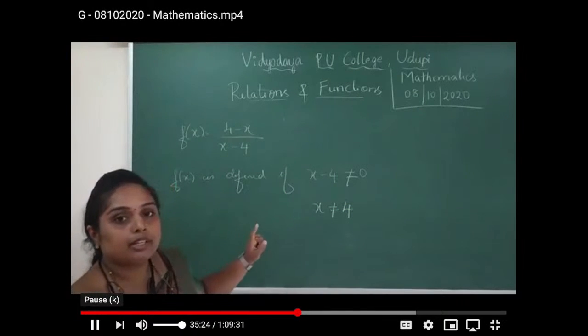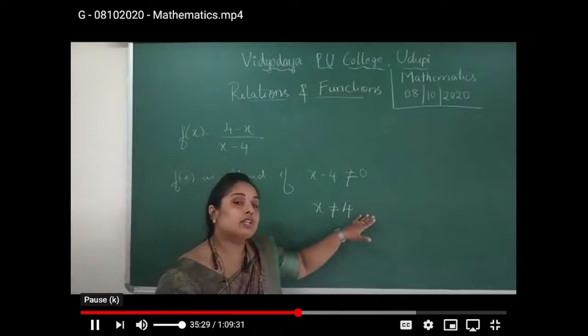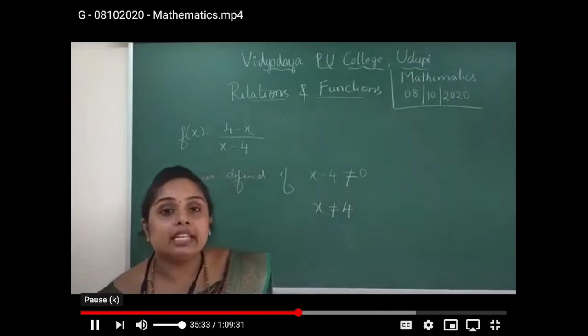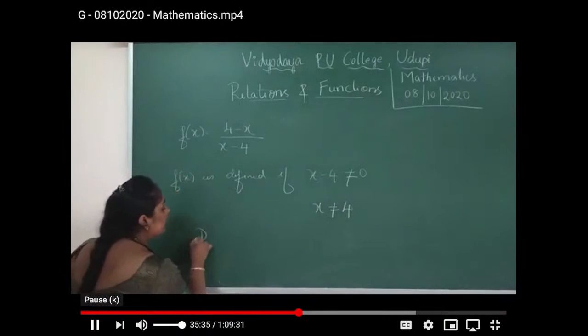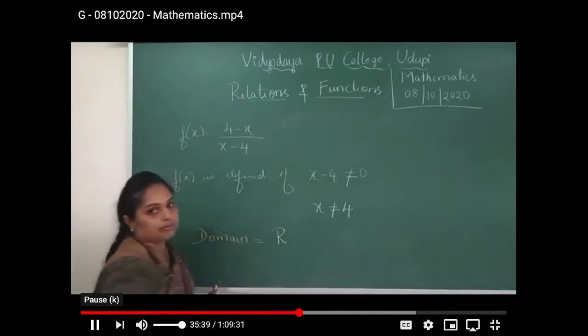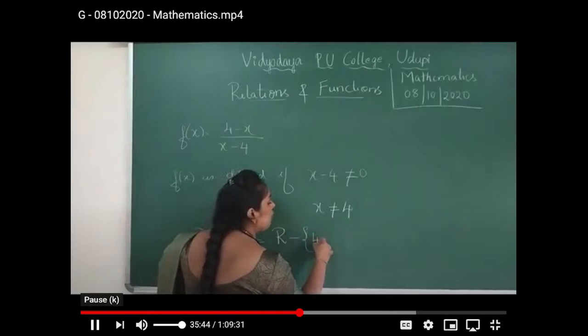So what is the domain here? The domain can be any real number excluding 4. X should not be equal to 4, and it can be any other number. So the domain is all real numbers excluding 4.